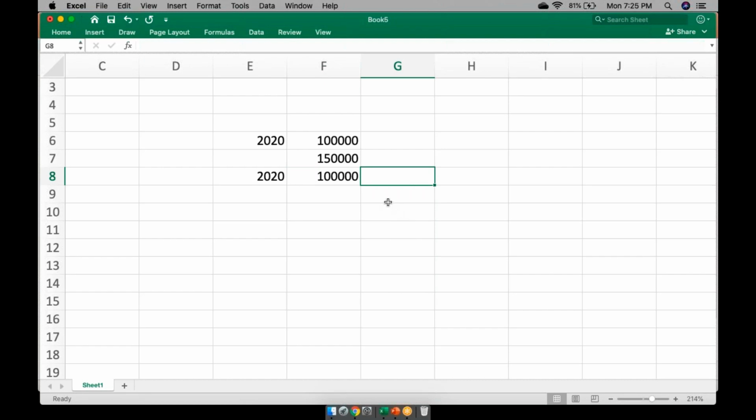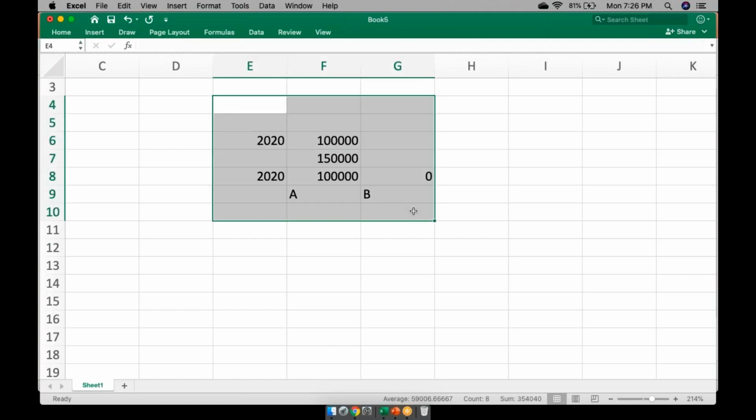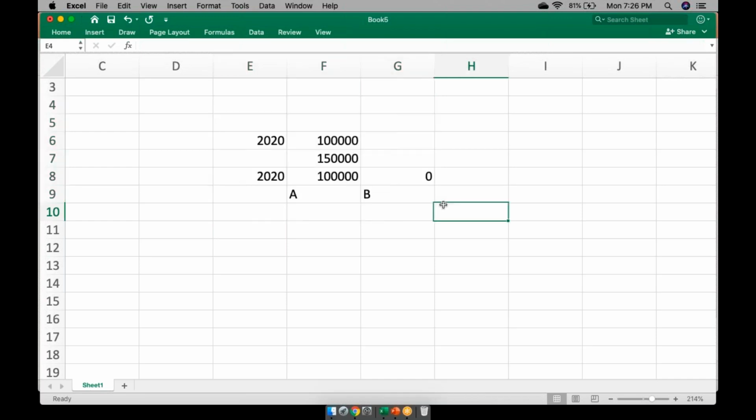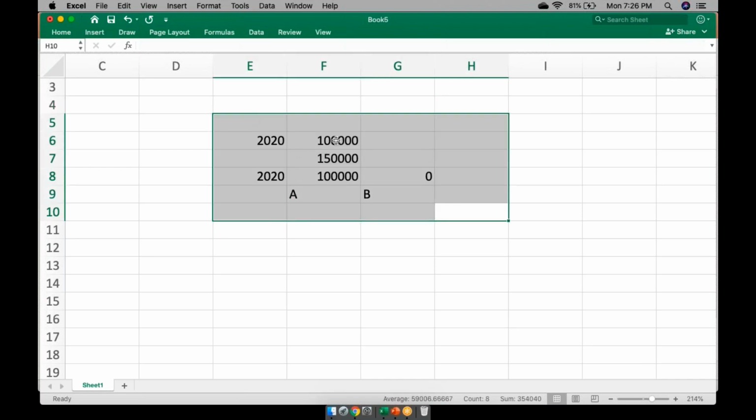Let me put it this way: assume you started with 1 lakh rupees, went up to 1 lakh 50,000 and ended up with zero. Now, which is better, option A or option B? This is option A, option B. So this is far better. I'll say you are a smart trader. You smartly managed to escape a big capital loss.